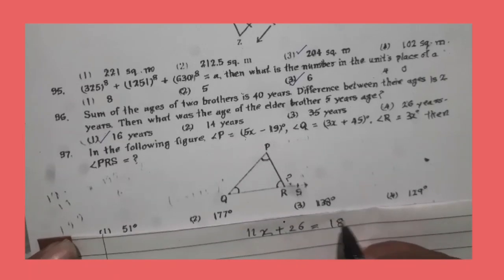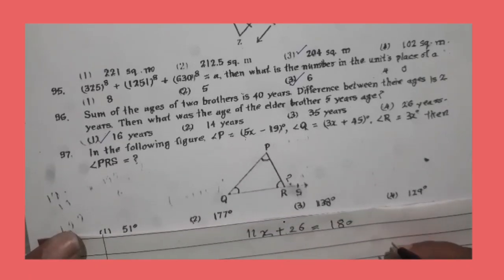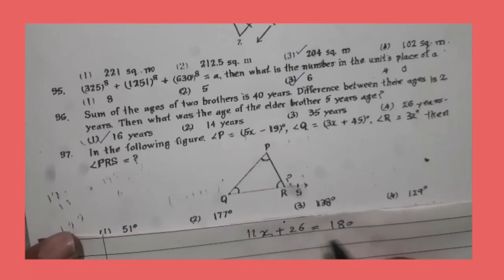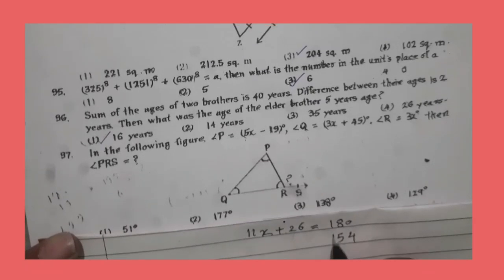And the sum of all angles is 180. Now subtract 26 from 180, that is 154. Now divide by 11.